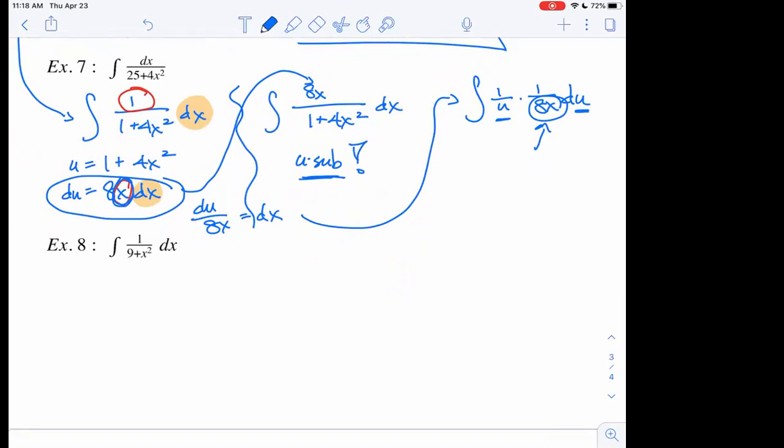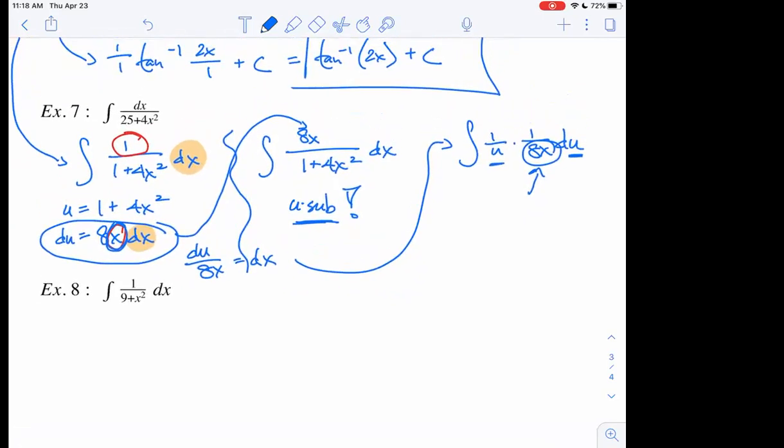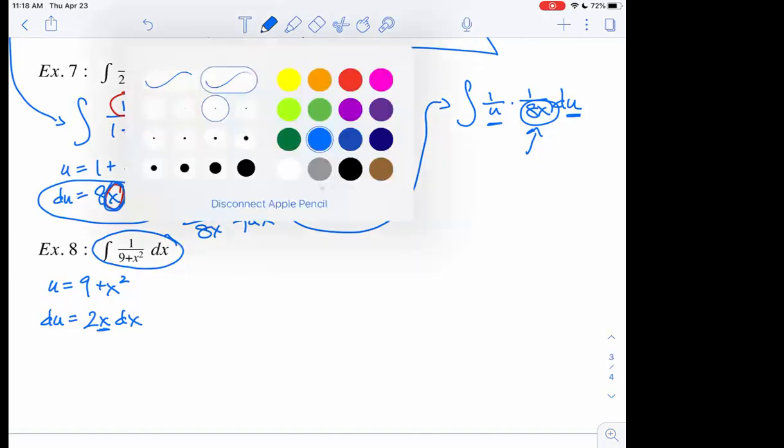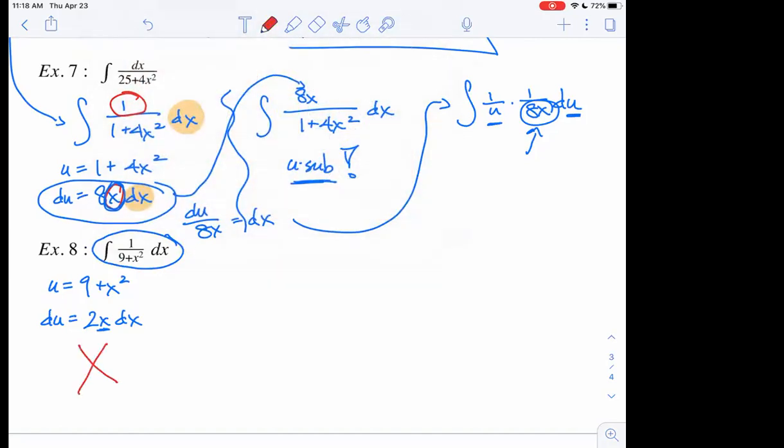So with number 8, let's again pretend like I didn't know, right? So if I tried U sub, which is a good one to try first, I get stuck because there's no x in my integral, okay? So as soon as I try that, I'm like, nope, no U sub.